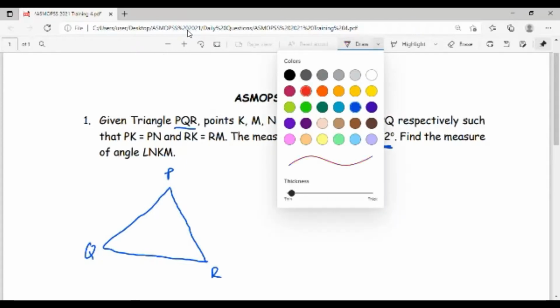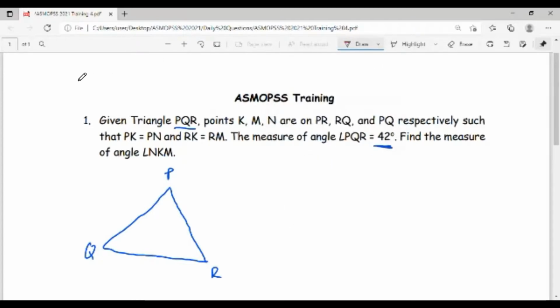Point K is on PR, so I'll put K here, while point M is on RQ, so here is point M, and we know that point N is on PQ, so here is N. We know PK is equal to PN, so I will put the equal sign there.